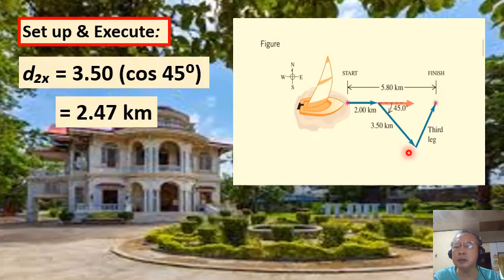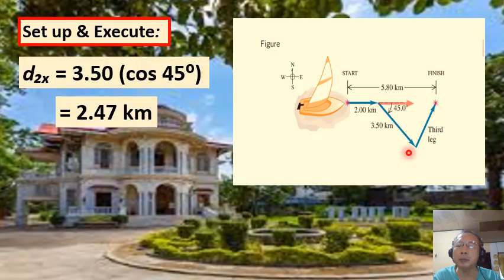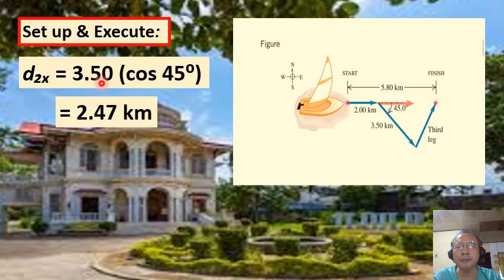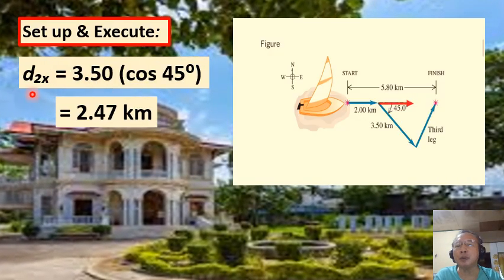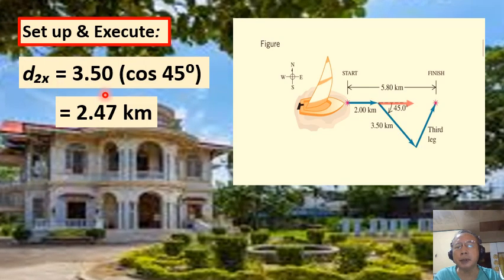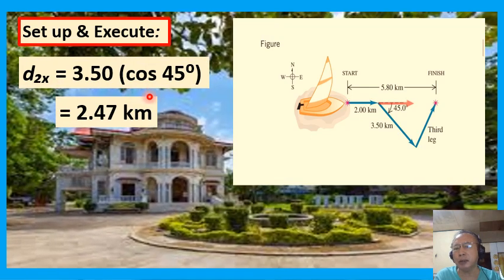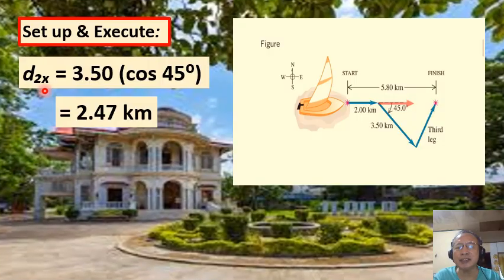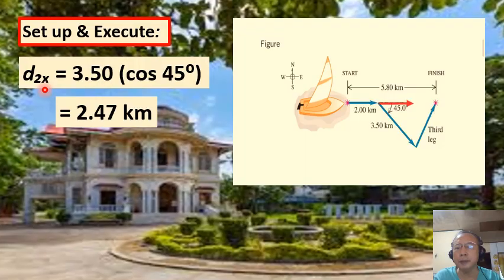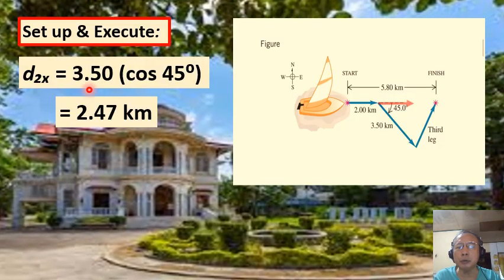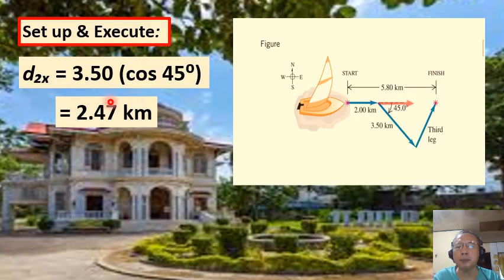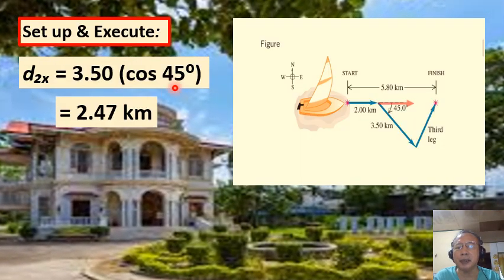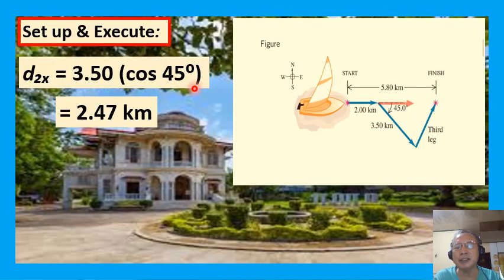So by definition, if we are to take the x component of d2, we define the x component as the product of d2 and the cosine of the angle 45 degrees. So d sub 2x, or the x component of displacement d2, is just the product of 3.50 kilometers multiplied by the cosine value of 45 degrees.